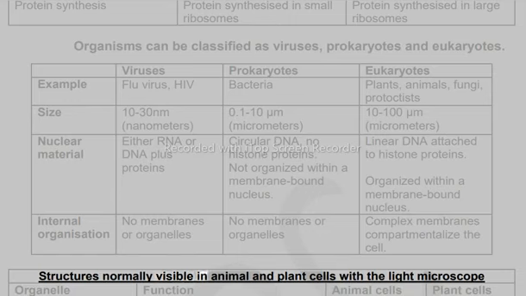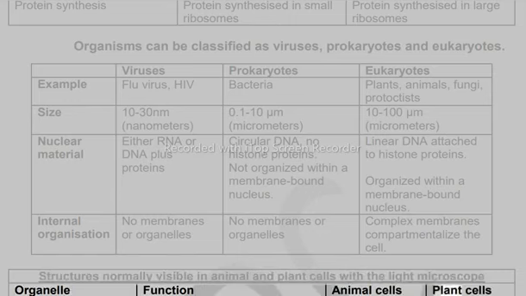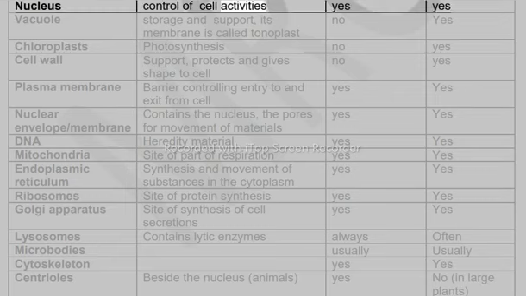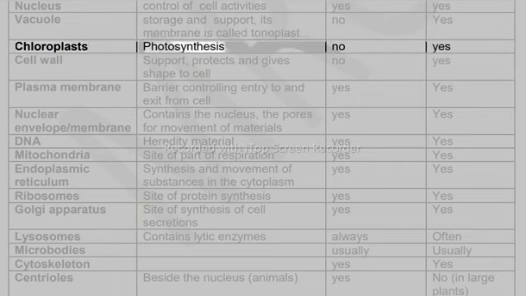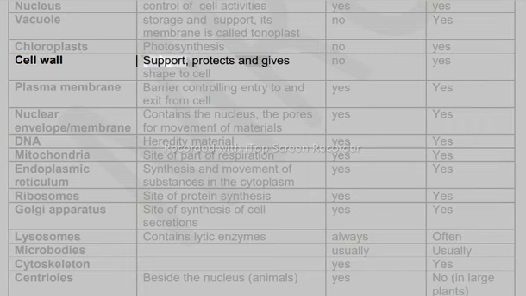Structures normally visible in animal and plant cells with the light microscope. Organelle, function, animal cells, plant cells. Nucleus: control of cell activities, yes, yes. Vacuole: storage and support, its membrane is called tonoplast; no in animal cells, yes in plant cells. Chloroplasts: photosynthesis; no, yes. Cell wall: support, protects and gives shape to the cell; no, yes.